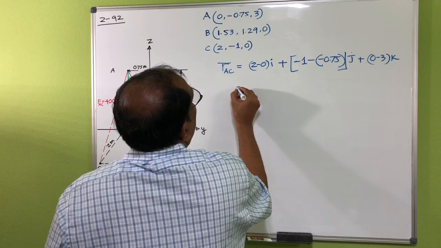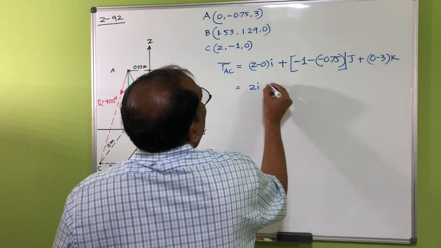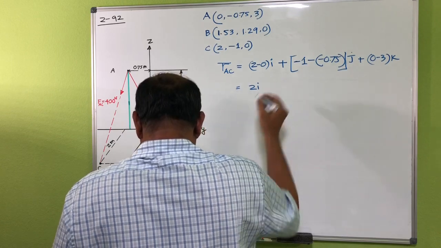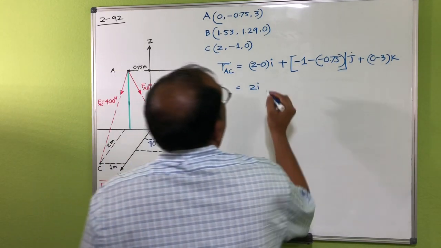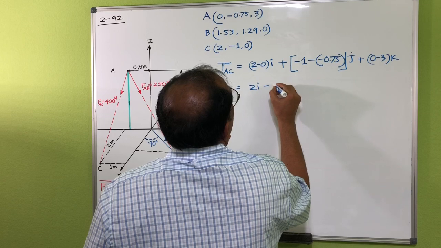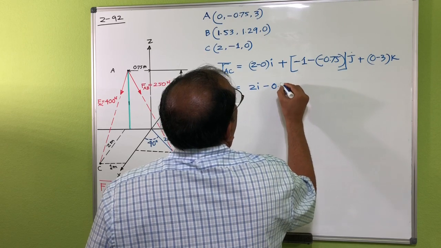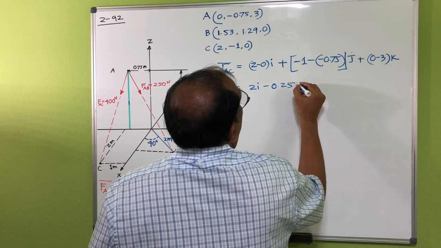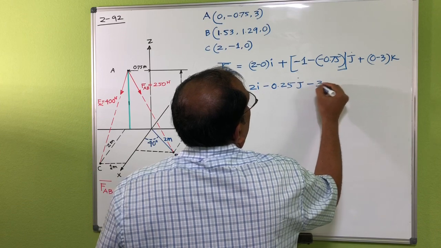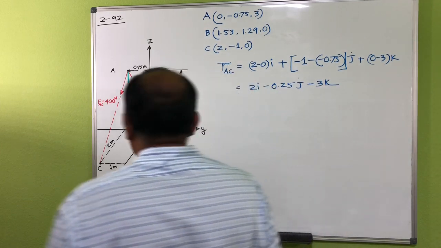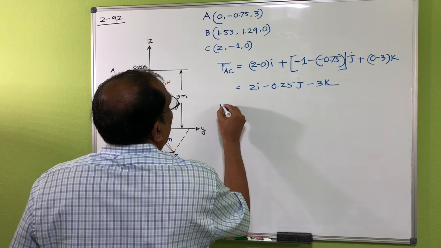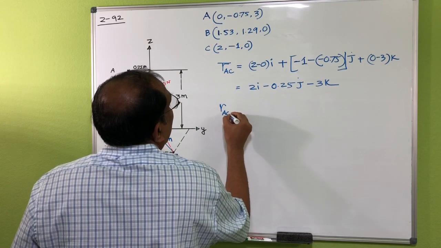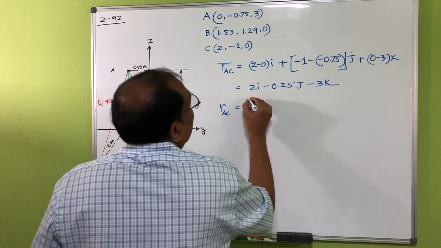So this one is basically 2I minus 0.25 J minus 3K. So we can find out the magnitude of our AC, which is basically 2 squared plus minus 0.25 squared.